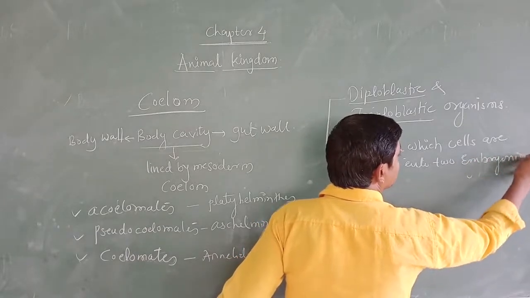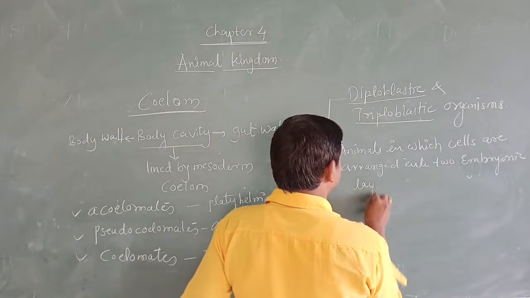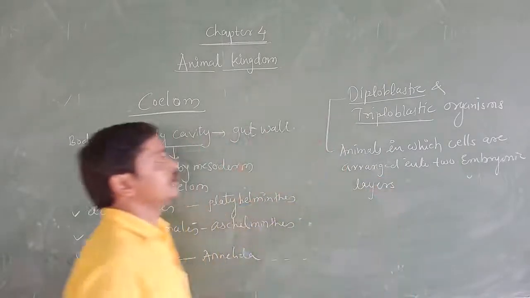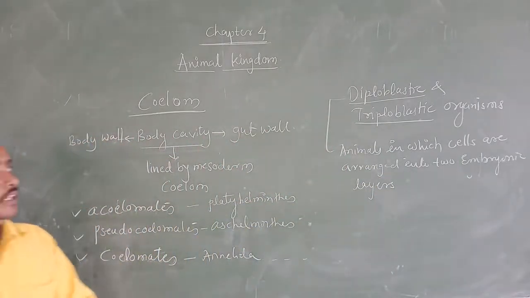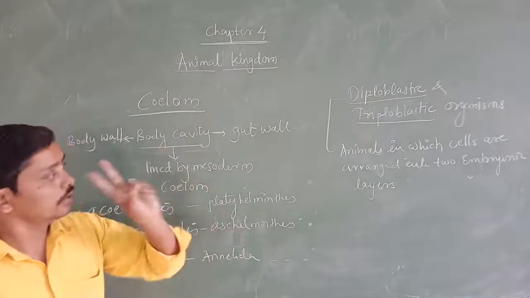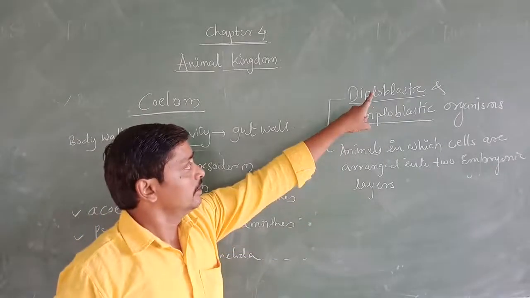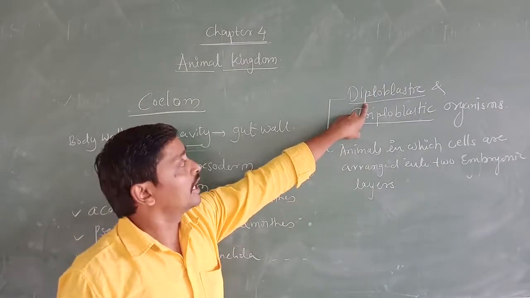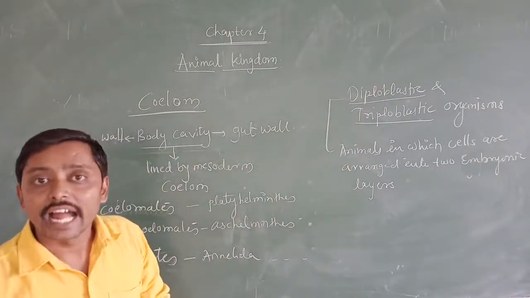In the sense, during embryonic development, if the cells are arranged into two layers, such type of organisms are called diploblastic animals.